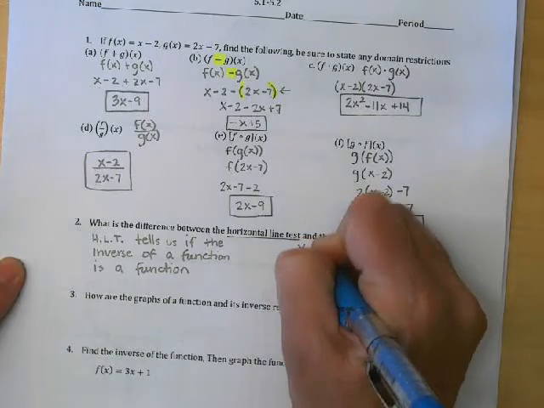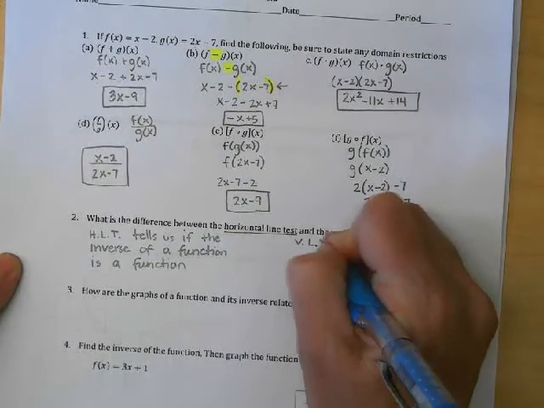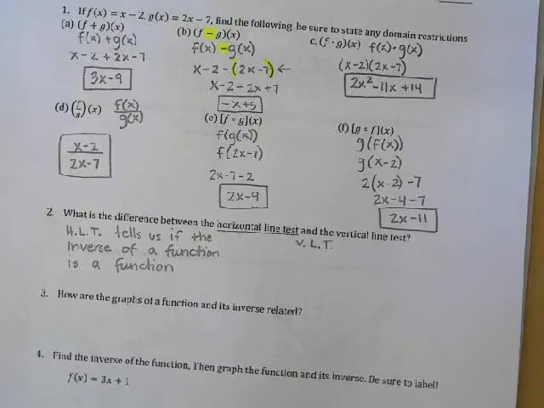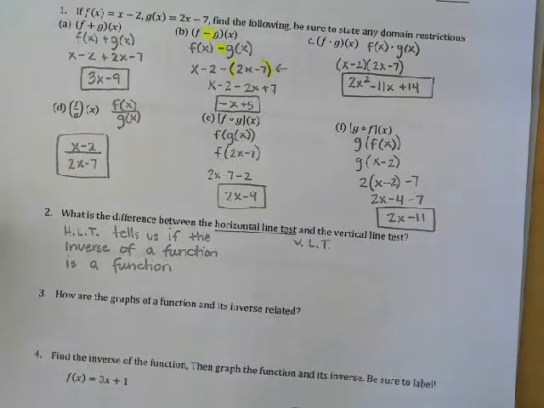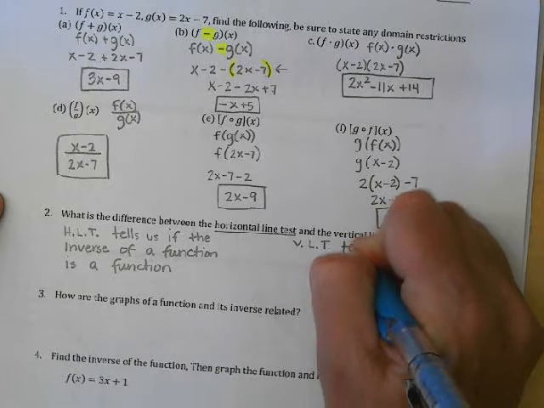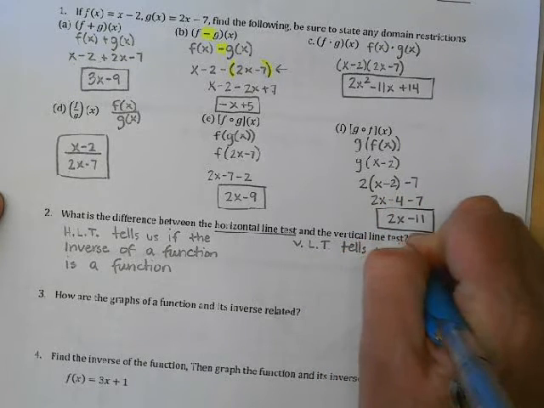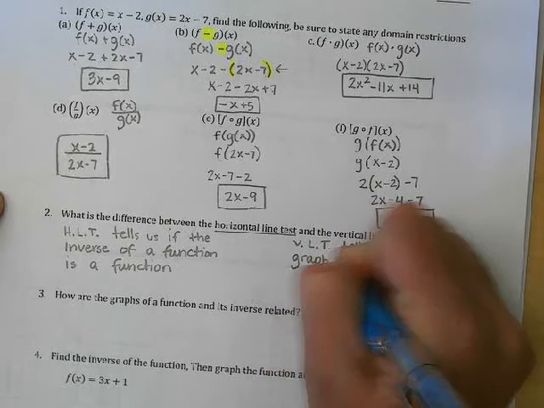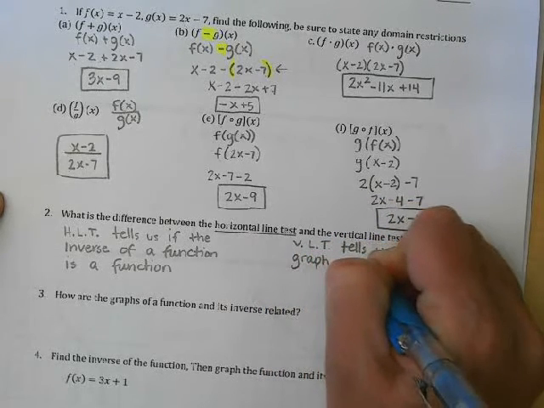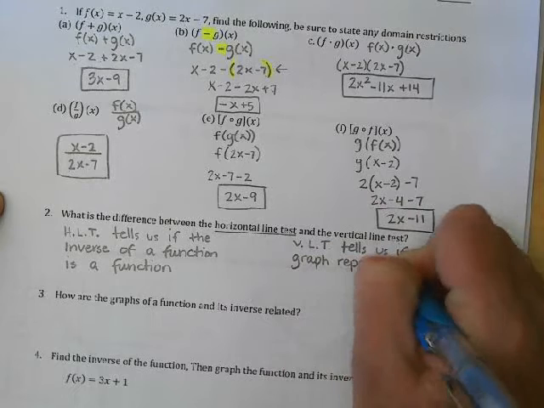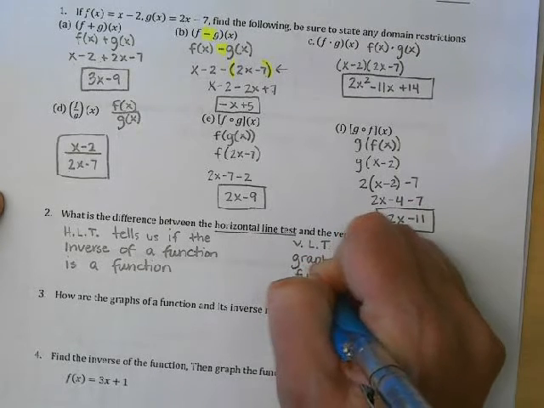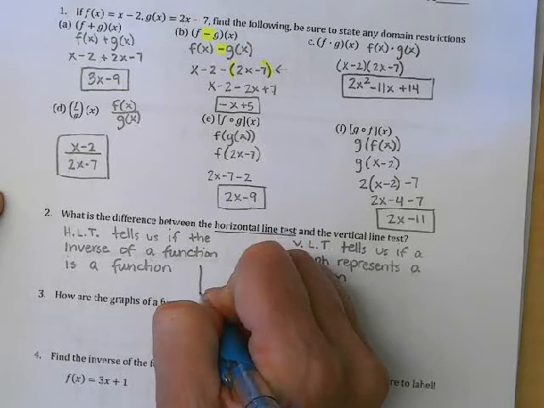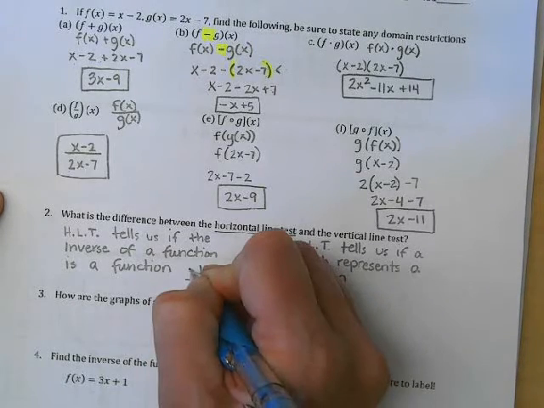Whereas the vertical line test is going to tell us if a graph represents a function. So the horizontal line test would be something like this.